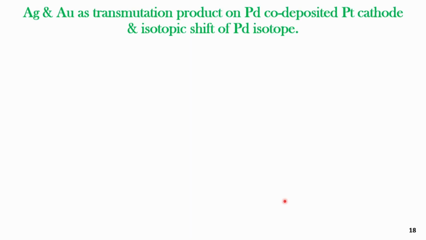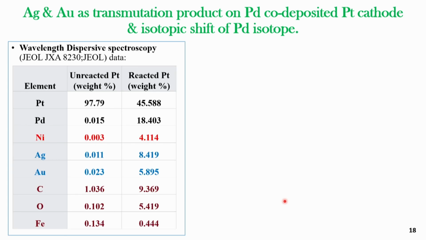With the same cathode, we also did some transmutation studies. We did wavelength dispersive spectroscopy, and we found three elements: nickel, silver, and gold. We reject nickel because when we did ICP-MS of the reacted cathode, we found that the palladium chloride salt that we procured from Sigma Aldrich already had a bit of nickel.